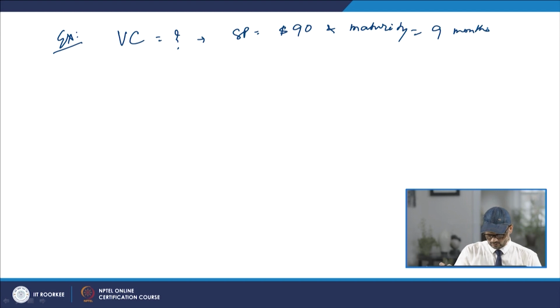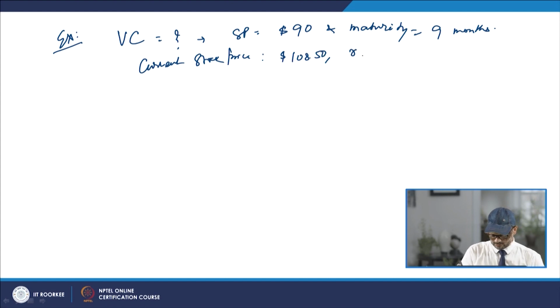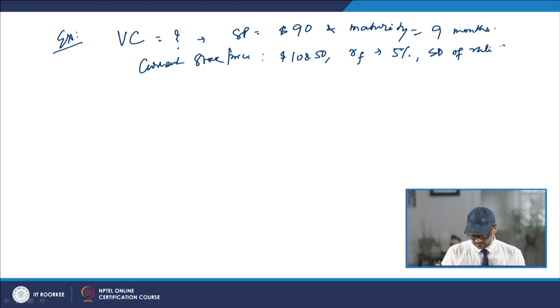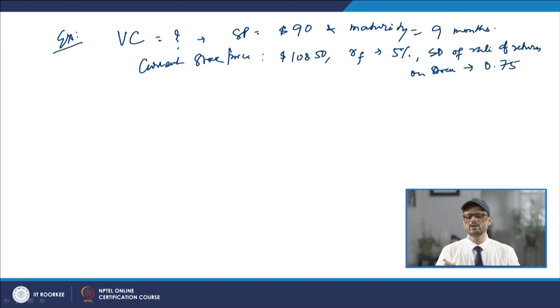Also the current stock price is given as $108.50 and the risk free rate is 5%. Also the standard deviation of the rate of return on the stock is given as 0.75.